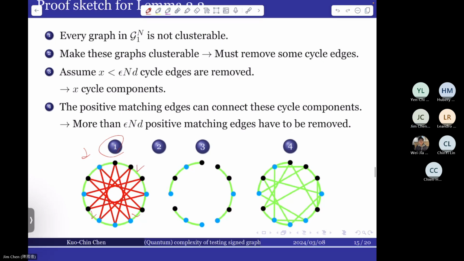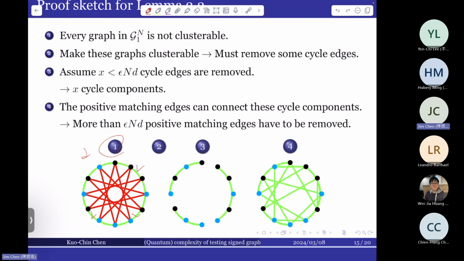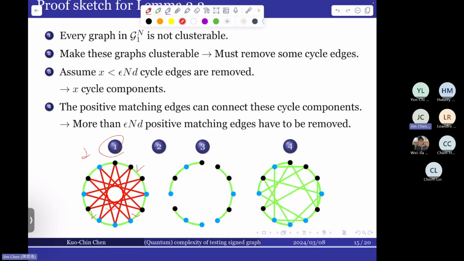So in order to make this graph clusterable, we have to remove each red line edge, or it will contradict the clusterability.